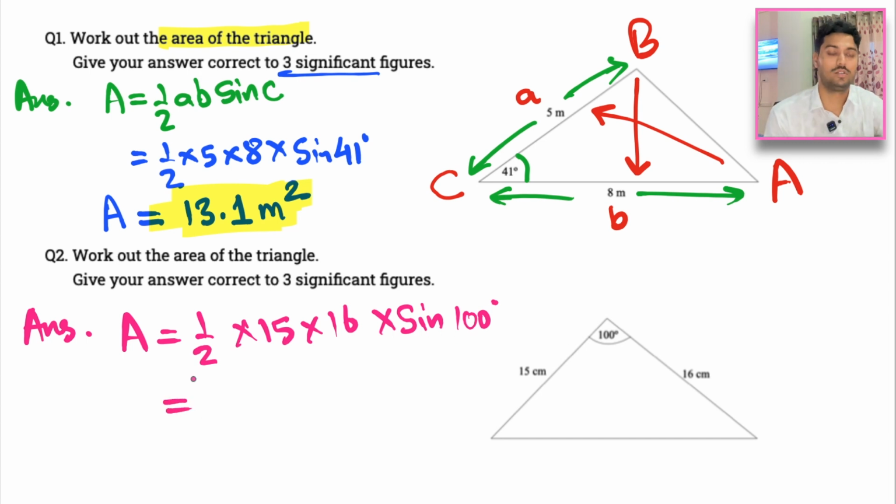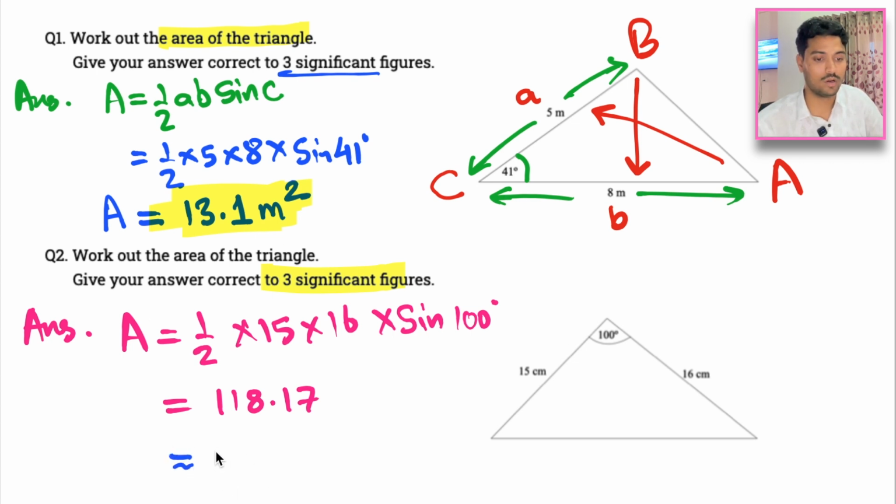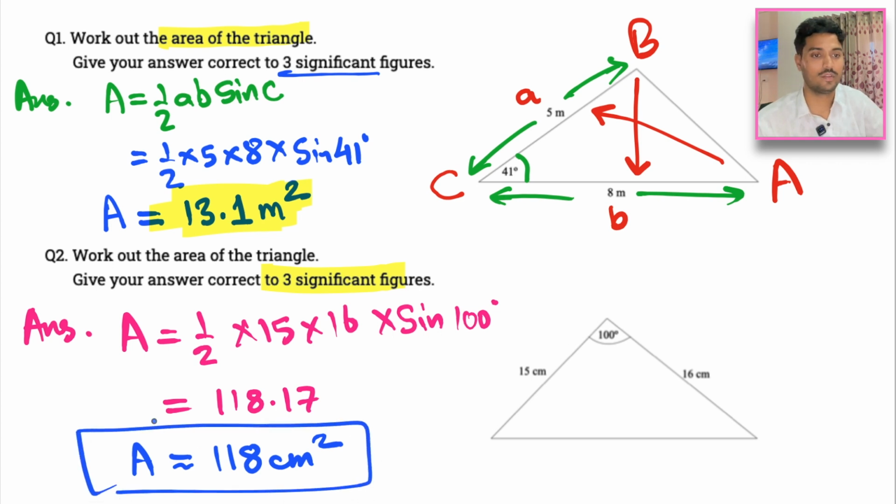So 0.5 multiplied by 15 multiplied by 16 multiplied by sine 100, and that is 118.17. But it says write correct up to 3 significant figures, hence we'll write our final answer as 118 centimeter square, and that's the area.